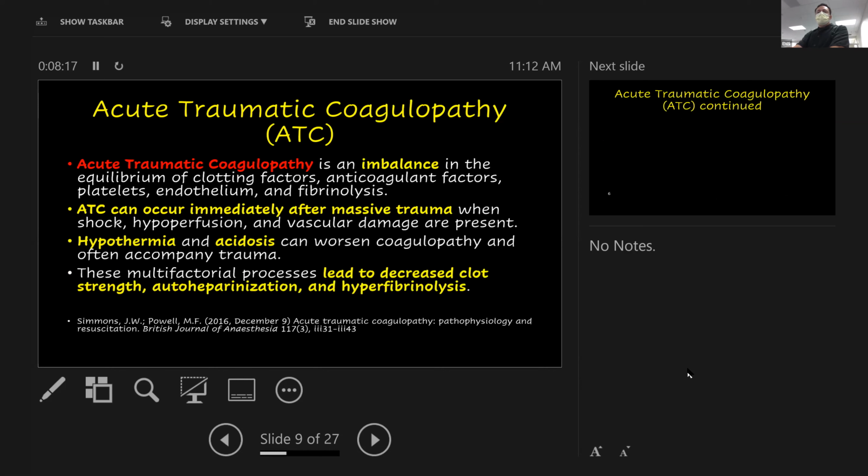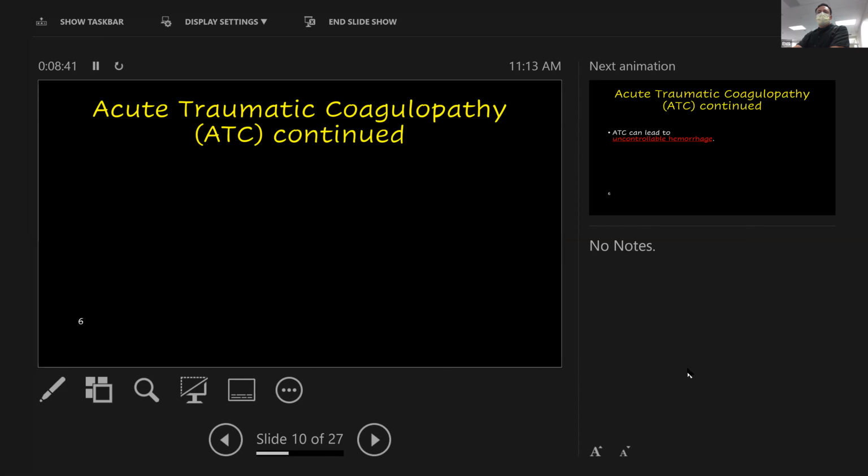And it's these multifactorial processes that lead to decreased clot strength, something called autoheparinization, and hyperfibrinolysis. In other words, the lysis or the breakdown of fibrin, we're doing a lot of that. And so this is a situation in which you can have worsening bleeding through something called acute traumatic coagulopathy.